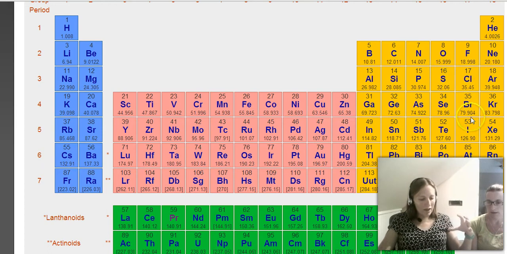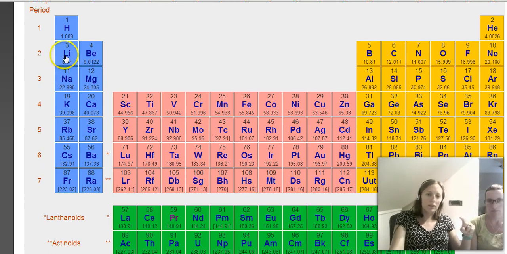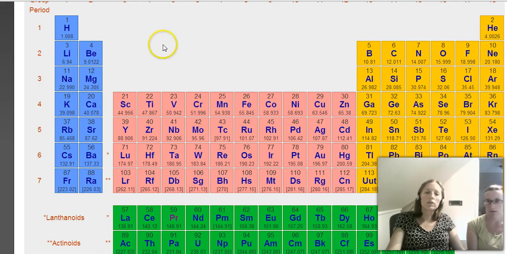And the reason for that gets into a couple of important vocabulary words. Let's say we're talking about the second period here. In the second period, you've got your ionization energy increasing as you move across to the right.